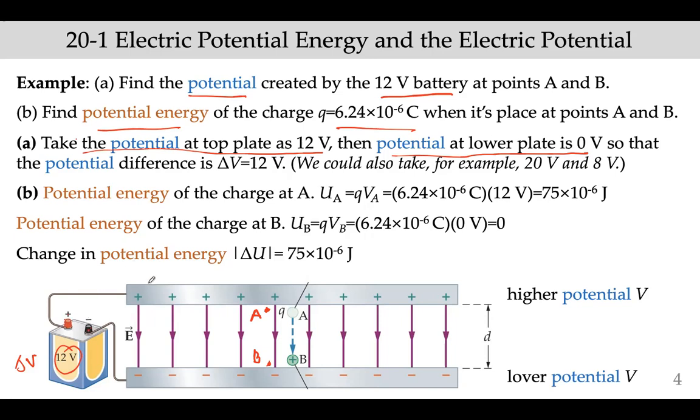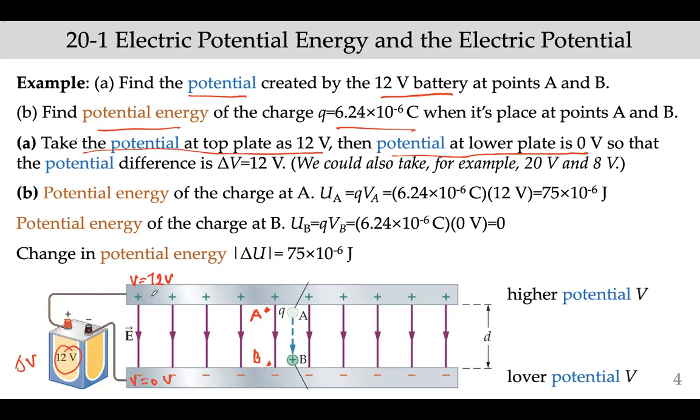So we can take this plate at potential 12 volts and this plate at 0 volts. But we could also take, for example, 20 volts and 8 volts. That also works. In fact, there are infinite number of choices.